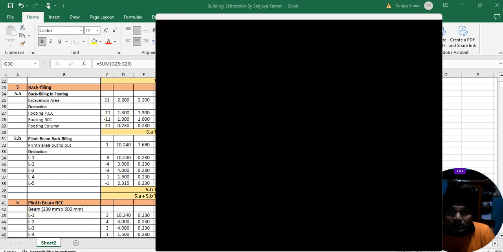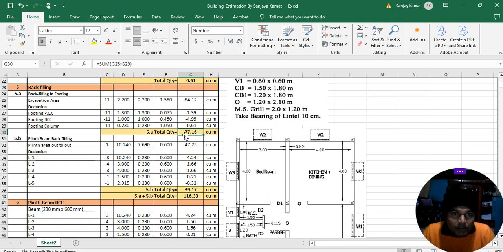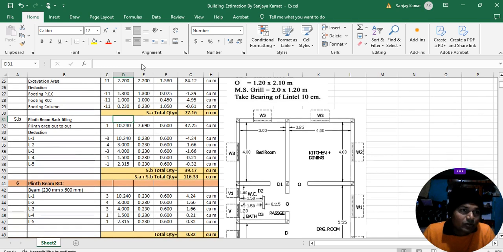The calculator is still not opened, but okay, don't worry. Now we come to the next point, that is 5b, in which we deal with the plinth beam backfilling.